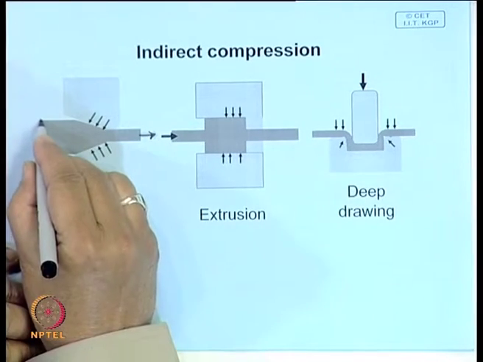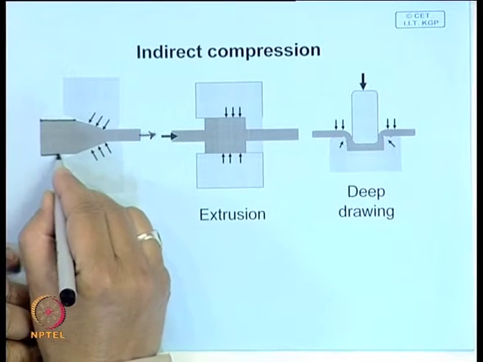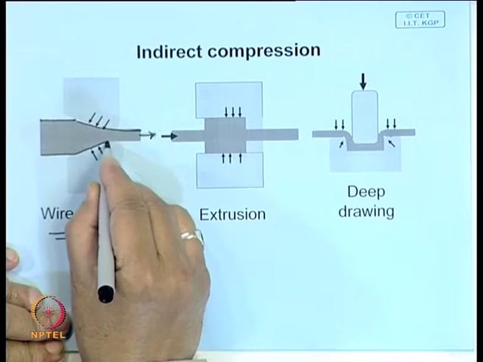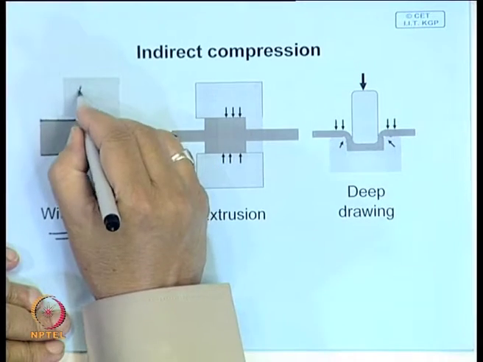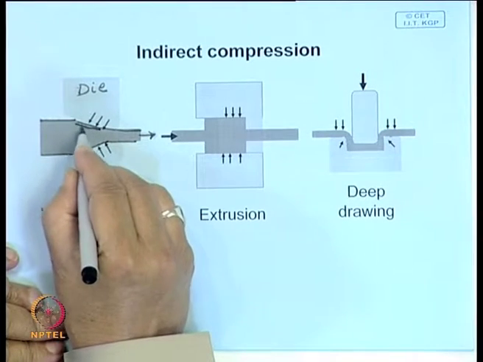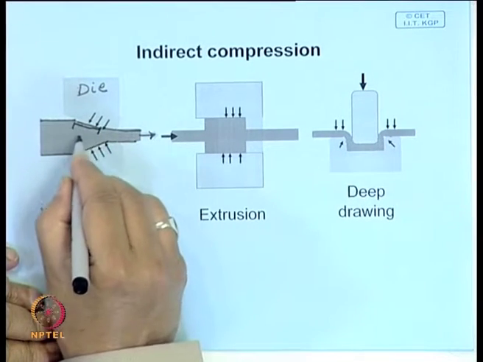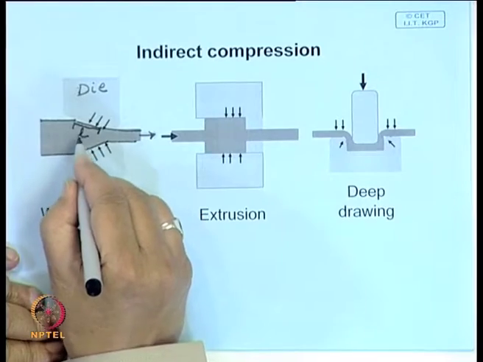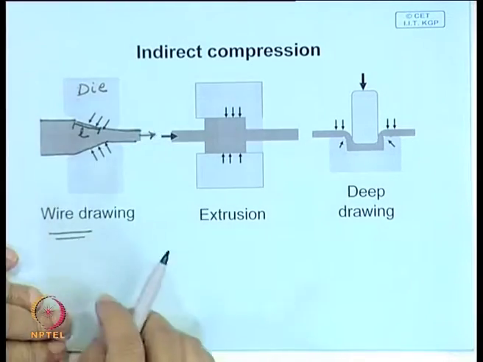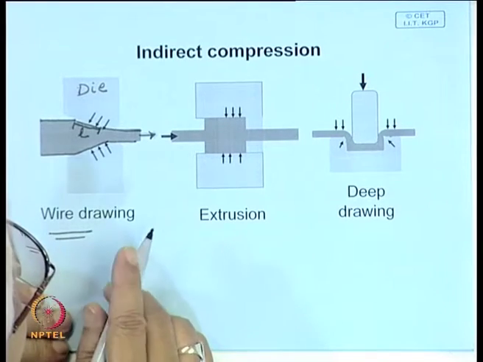This is your job, it comes here and passes through the die, and it is pulled through the die. Let us say the length of this zone is L. This is the zone over which deformation takes place.